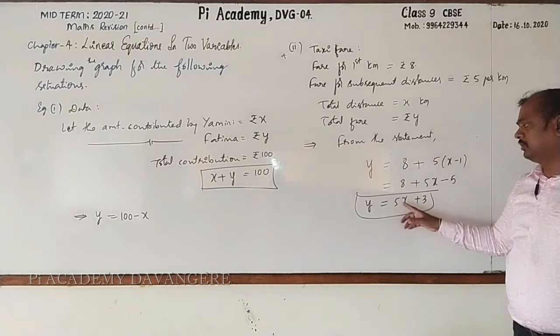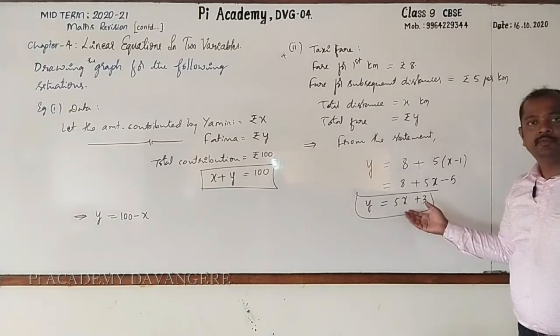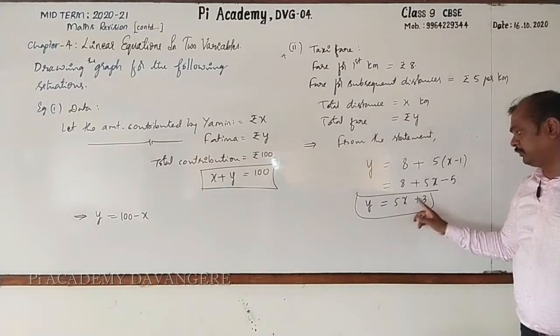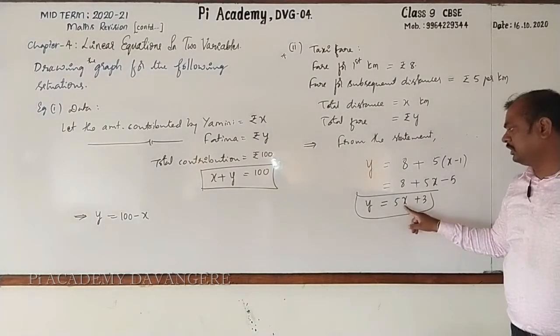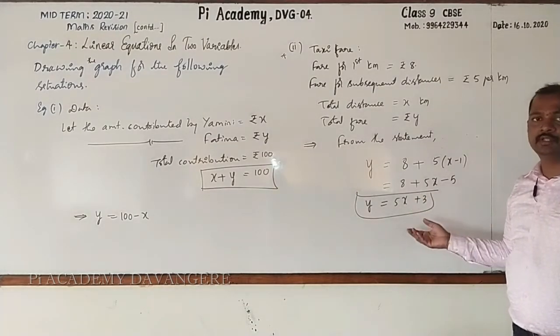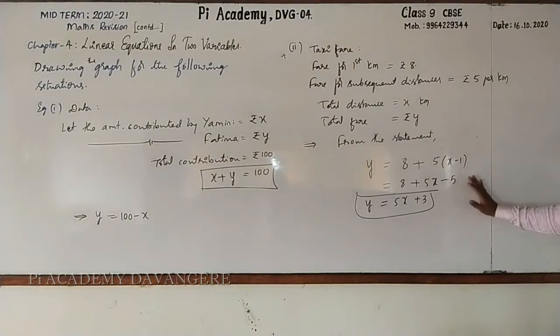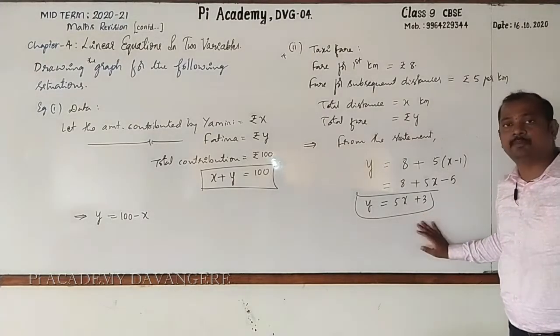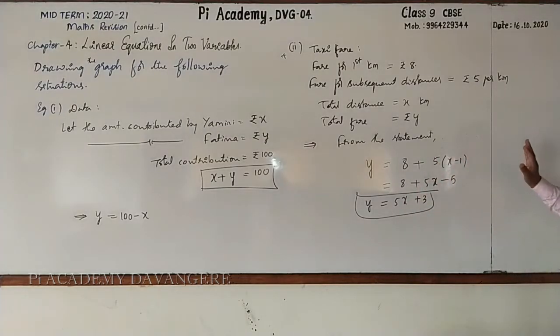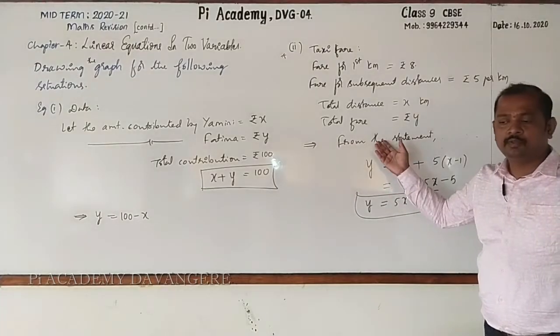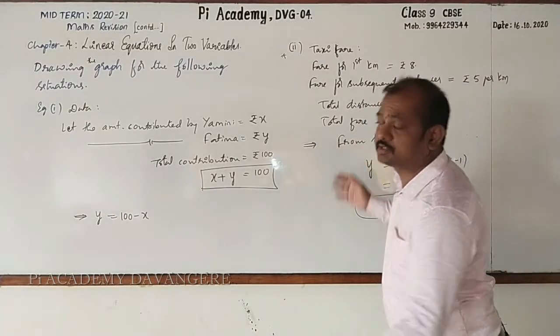Then 10, 10 5s are 50, 50 plus 3, 53. Others 10, 15, 20, 25 like this. This is the way you can find out coordinate points for this equation. After that, draw the graph. Got it? Let me go for taking another example. You may just go for copying as it is.